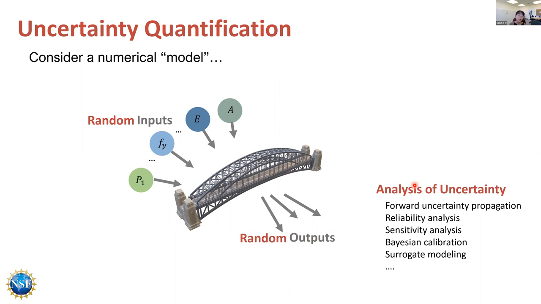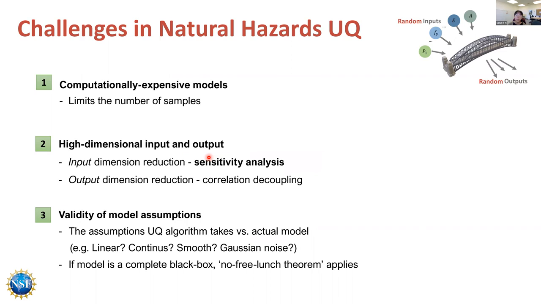We can run lots of simulations for the possible combinations of parameters, and then we will have an idea of the uncertainty in the outputs. However, there are some challenges, mostly because our model is computationally expensive. So this limits the number of simulations we can perform to get an idea of the output uncertainty.